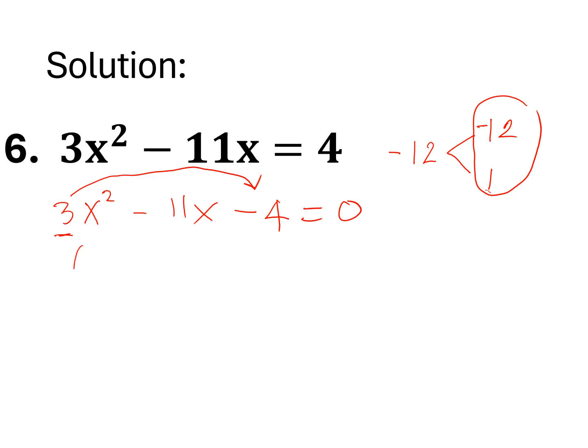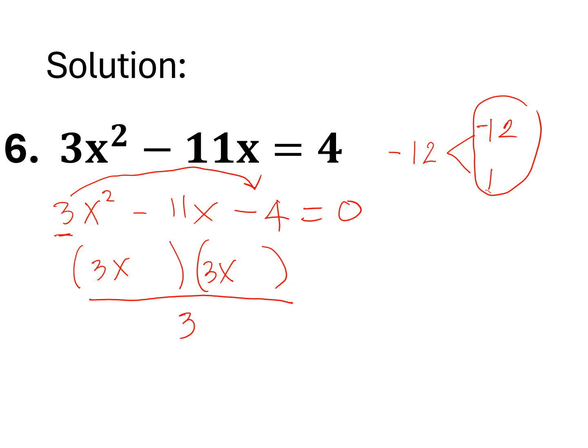So our factors now are 3x, then the other factor, 3x. So why 3x in both factors? Because we are going to divide this by 3. 3 times 3, that is 9.